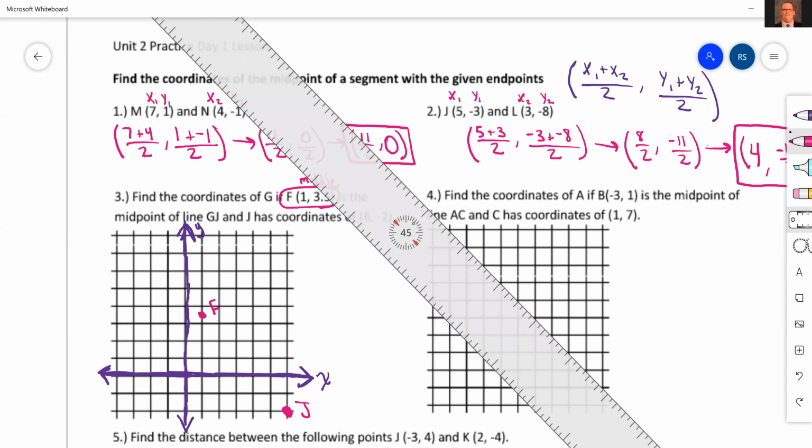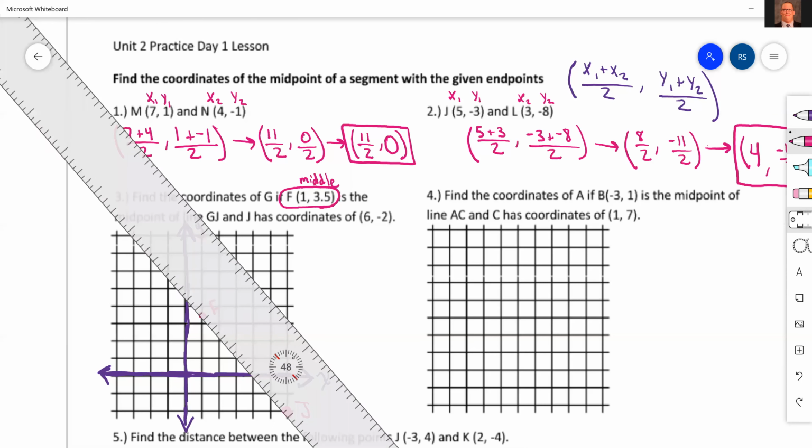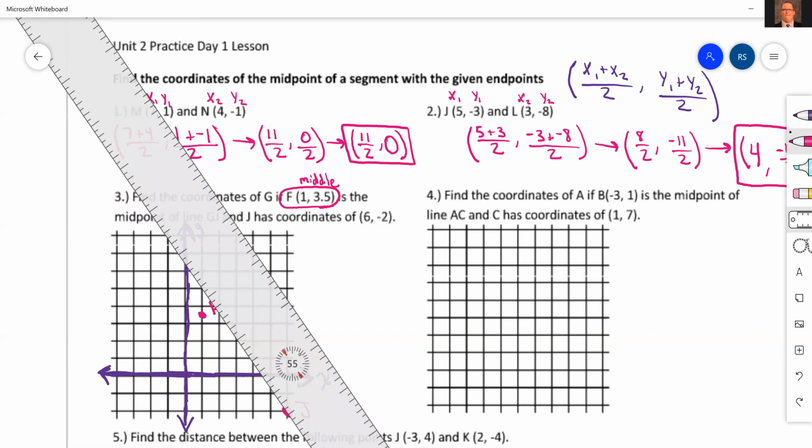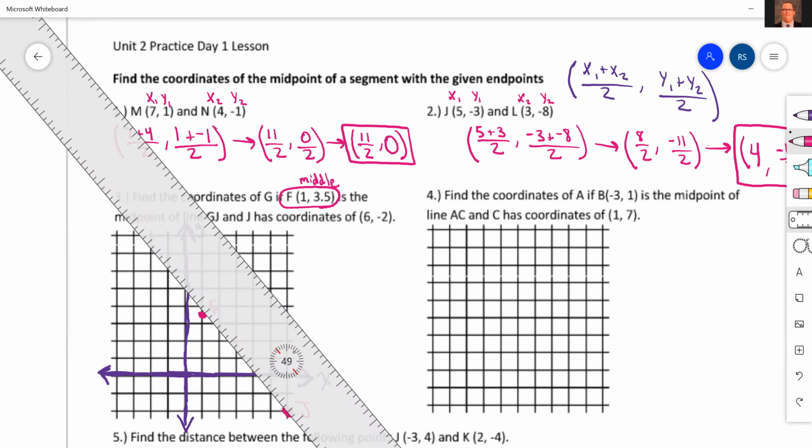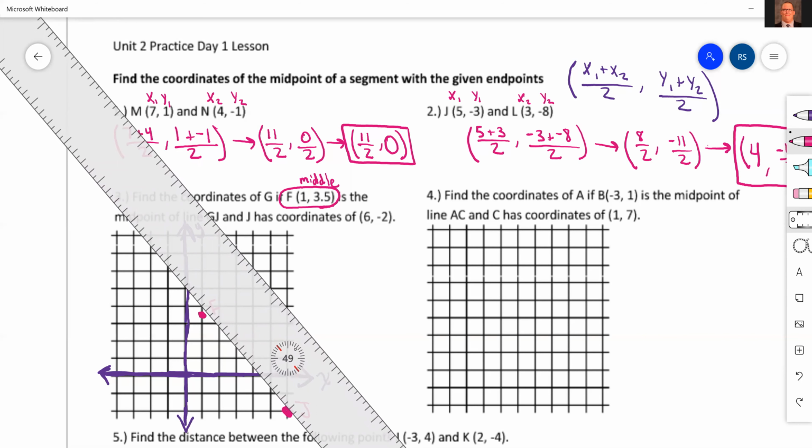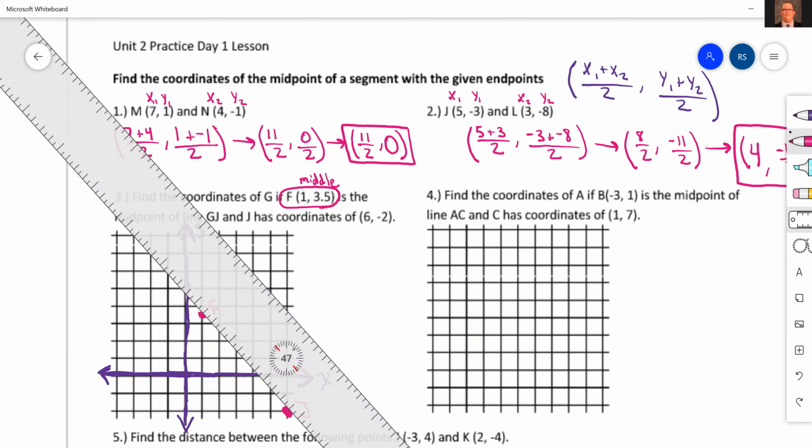Well, y'all know by now I can't draw straight lines, so let me try my best to get a straight line going here. Okay, good enough.